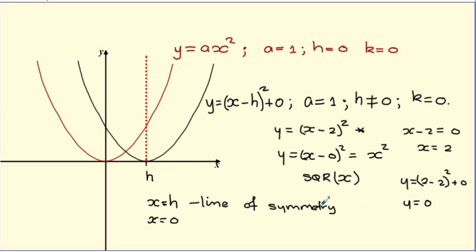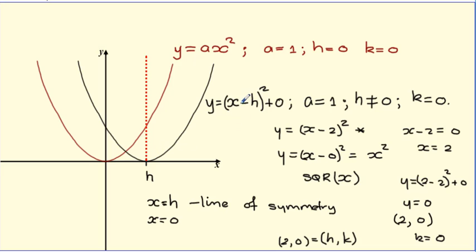Now the turning point is 2 comma 0, which again confirms that our k in this case is equal to 0, since (h, k) is the turning point. So in this graph, the turning point is simply at (2, 0).